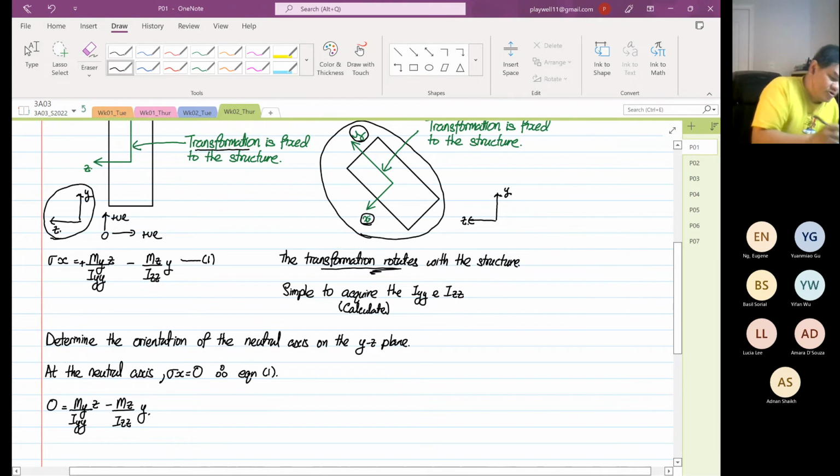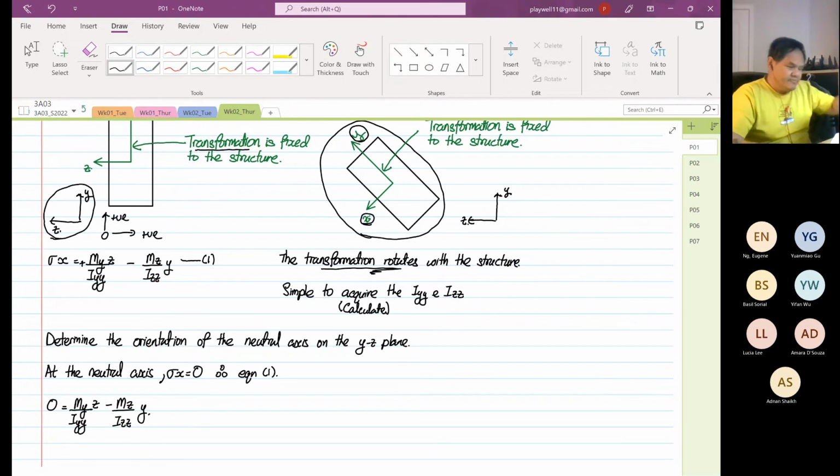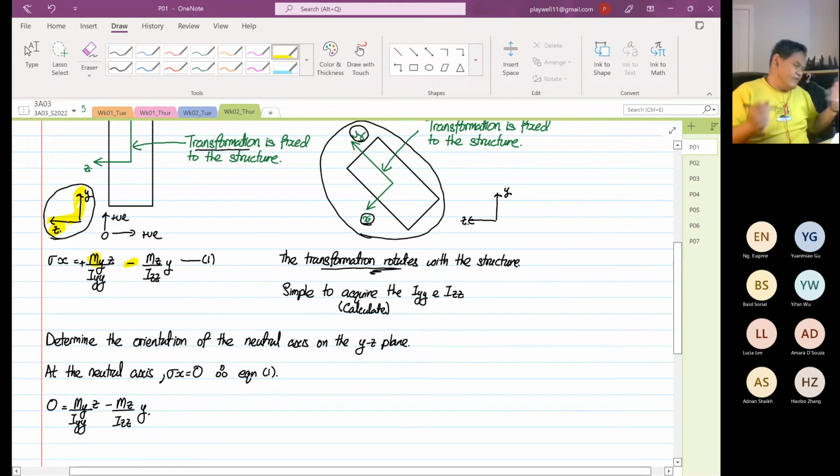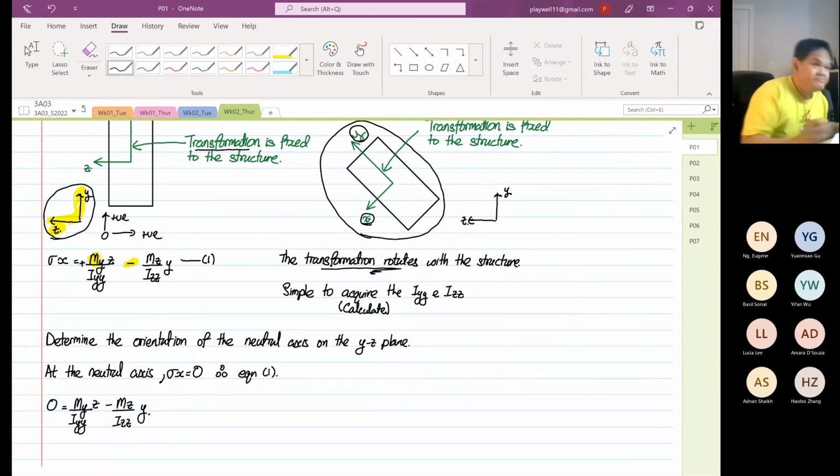If the center is 0, going towards the right on the x-axis is positive, going up is positive. However, when we orientate our transformation in this view, y is positive, that's why My is positive. The z orientation now is going towards the left, so that is why it is negative down here.